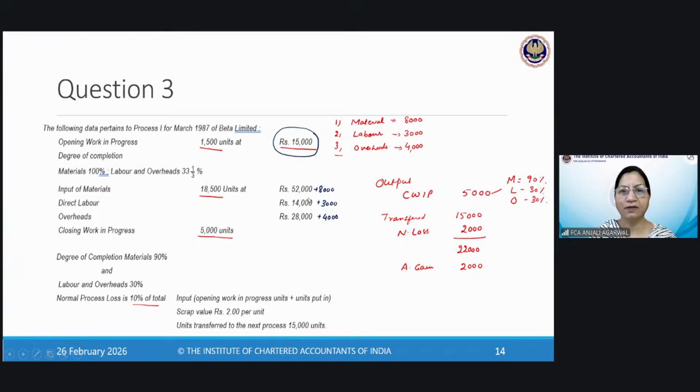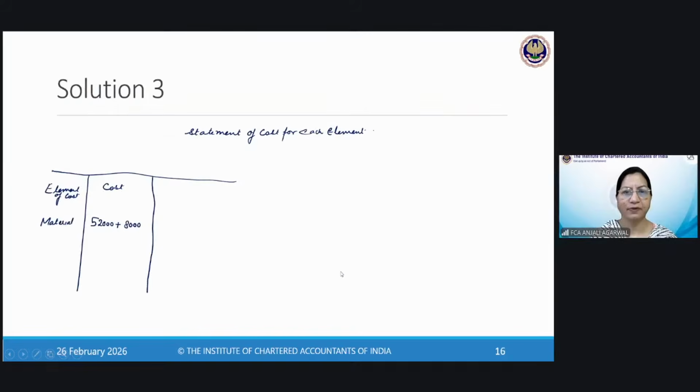So the entire cost, 52 plus 14 plus 28, which you incurred in this period, together with the 15,000 which you incurred in the previous period, has been brought to this period only. So you have added the entire 15,000 in the current costs only. Therefore, the units are also added as it is completed in this period only. So 8, 3, and 4 will be added to material cost, labor cost, and overheads cost.